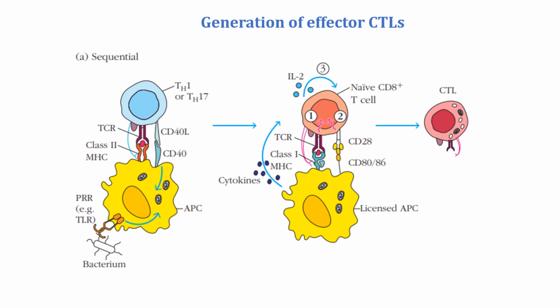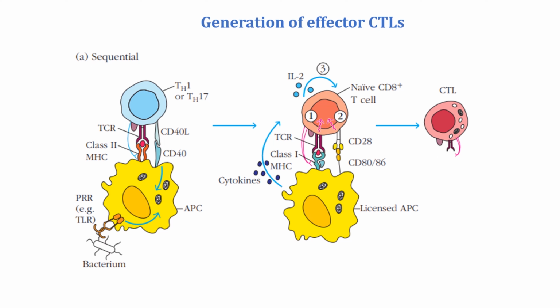Now there is the important generation of effector CTLs. So this is how effector CTLs are generated from the CTL precursor. For differentiation of naive CD8 T cells, that means precursor CTL into functional CTL, it requires multiple events. So first, the precursor CTL must engage with the class 1 molecules.